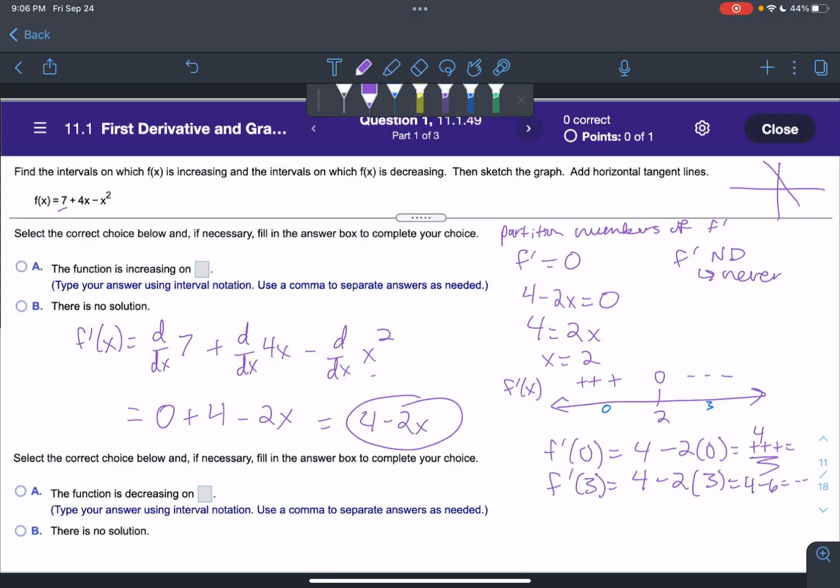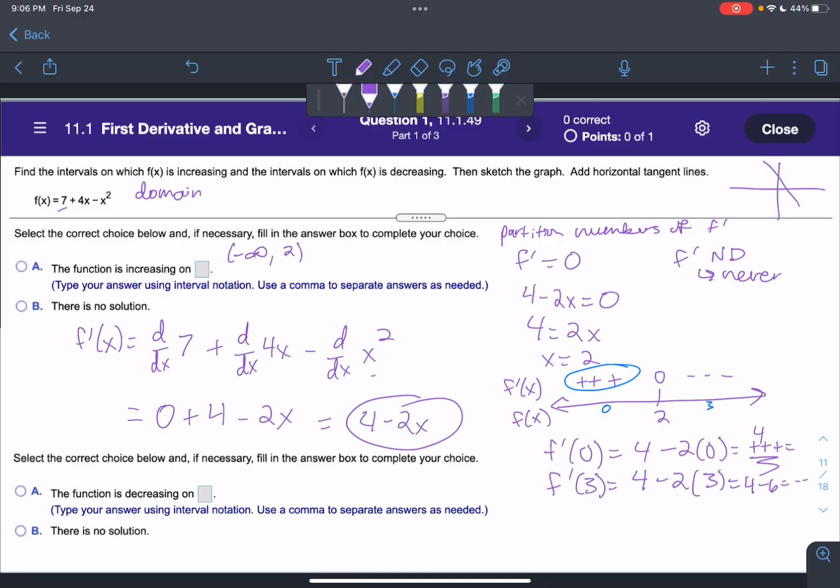So we can use this to answer both of these questions. f is increasing when my derivative is positive, so it's increasing from negative infinity to 2. And I suppose we should also look at the domain of f. Should have done that first.